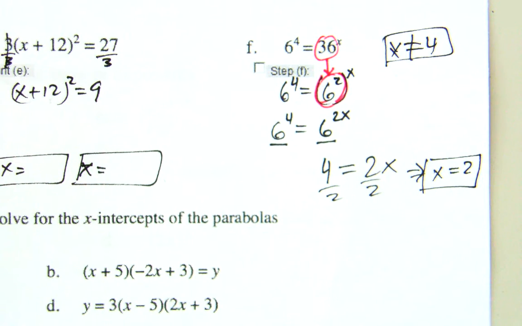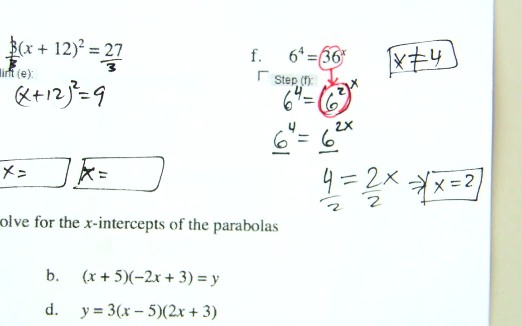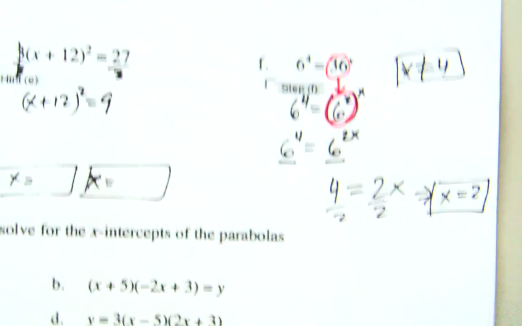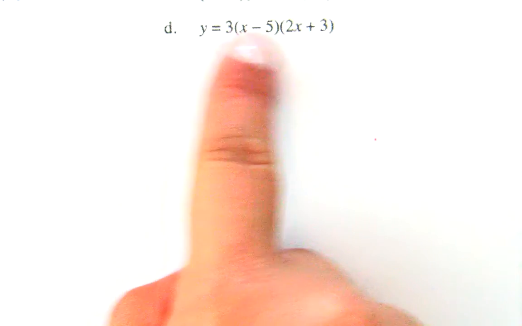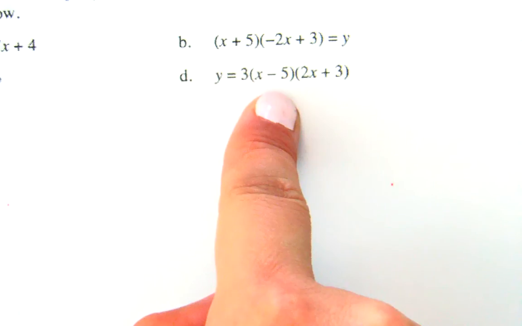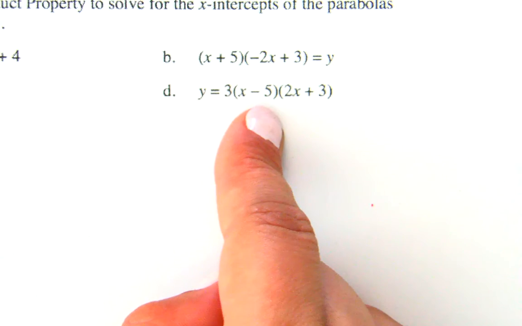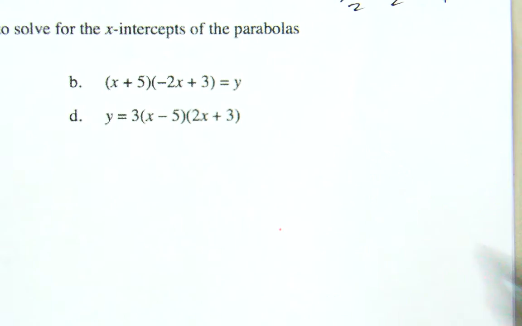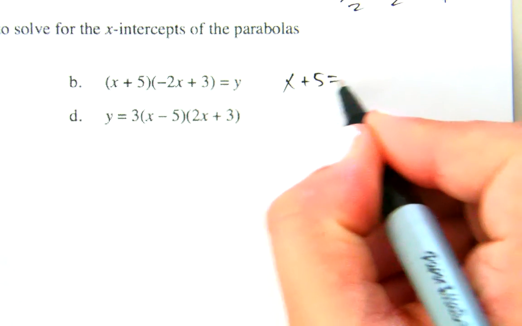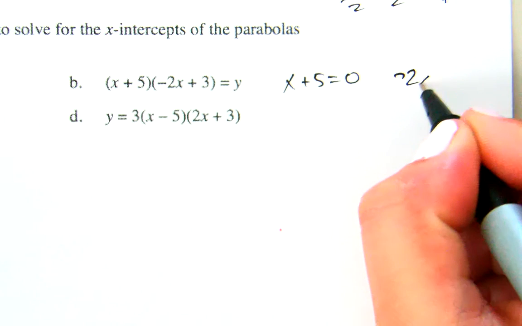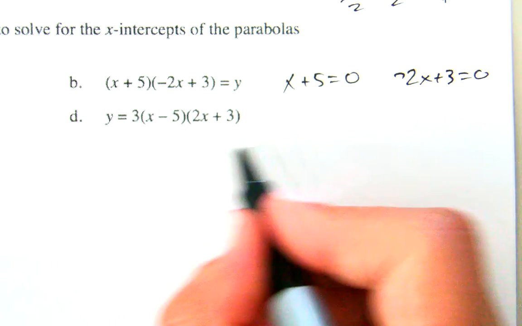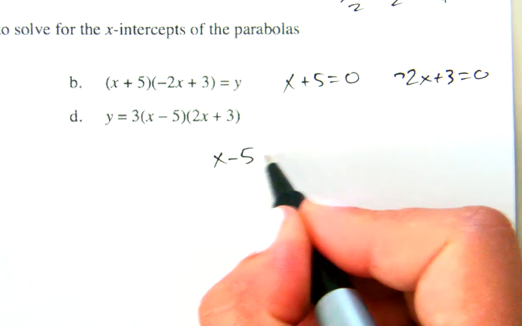Okay? Alright, and then the last one is factoring. Actually, zero product property. B and D are kind of already done for you, so you just have to split them up. So you have x plus 5 equals 0, and you have negative 2x plus 3 equals 0. Same thing for this one. You have x minus 5 equals 0.